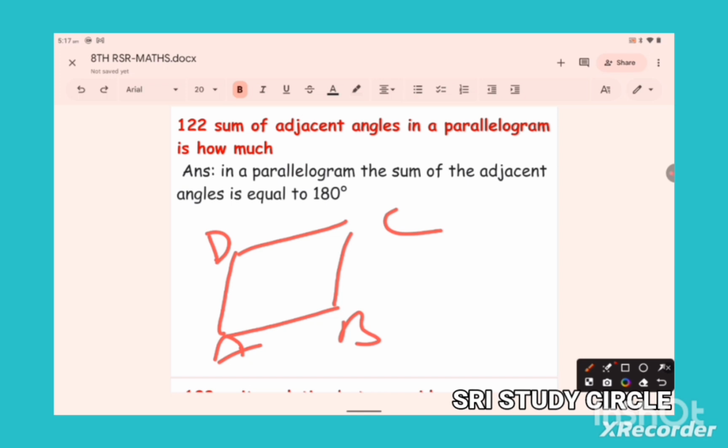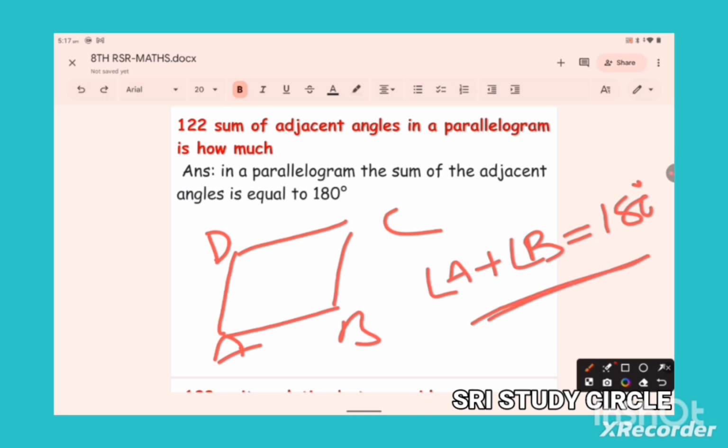But the sum of adjacent angles, angle A plus angle B, is equal to what? 180 degrees. The sum of any two adjacent angles of a parallelogram is equal to 180 degrees.